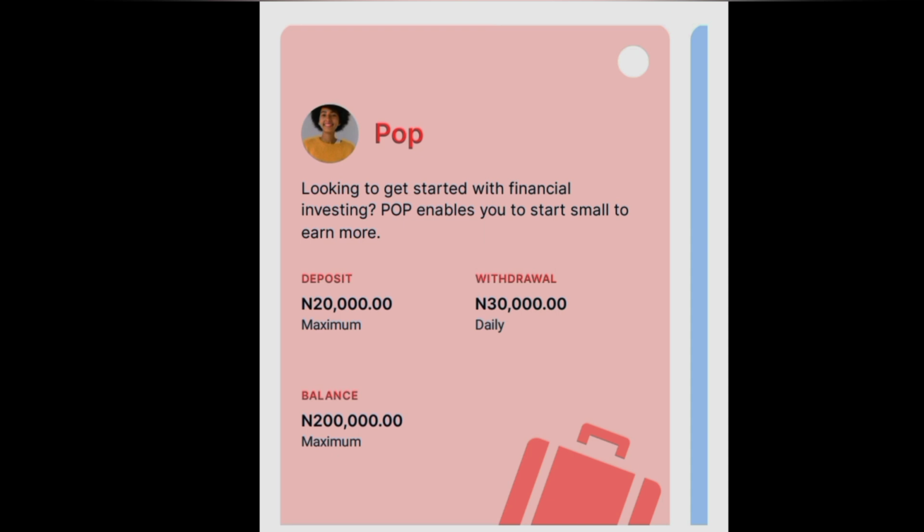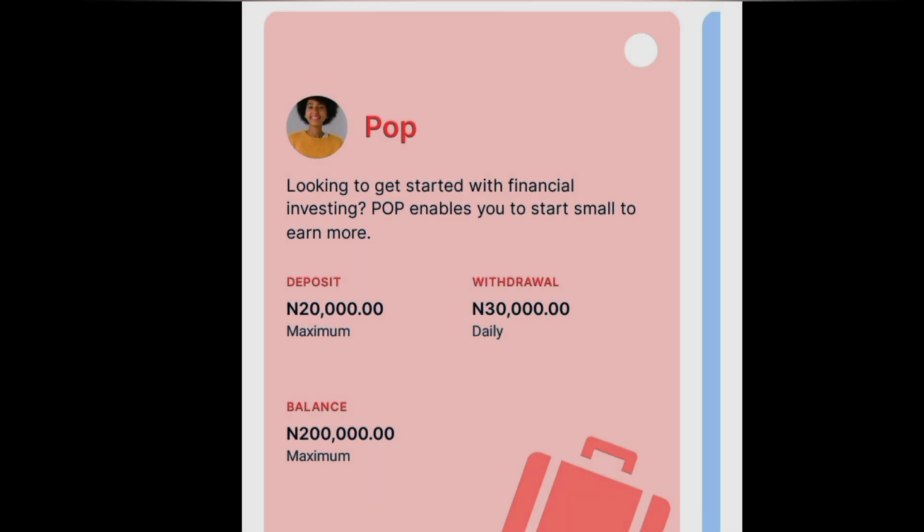Right now, if you look at the details we have here, we have deposit 20,000, withdrawal 30,000, balance 200,000. This means if you are creating your account on this type of account, these are the minimum and maximum amount this account can contain, which is the Pop account type.